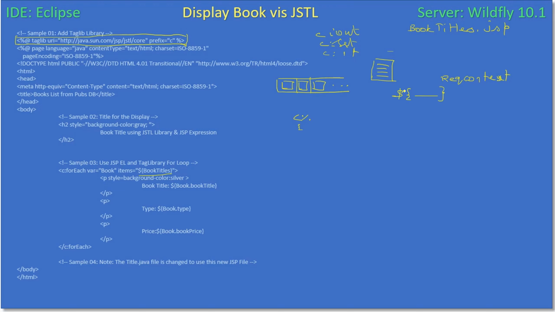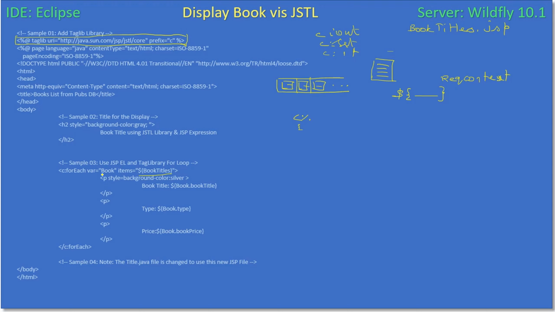So items equals the variable content. Book titles is nothing but the array list, and the array list contains title instances. Title is nothing but a JavaBean. So this book titles is a request attribute that is set by the servlet. Once we go to the demo, you will understand this.